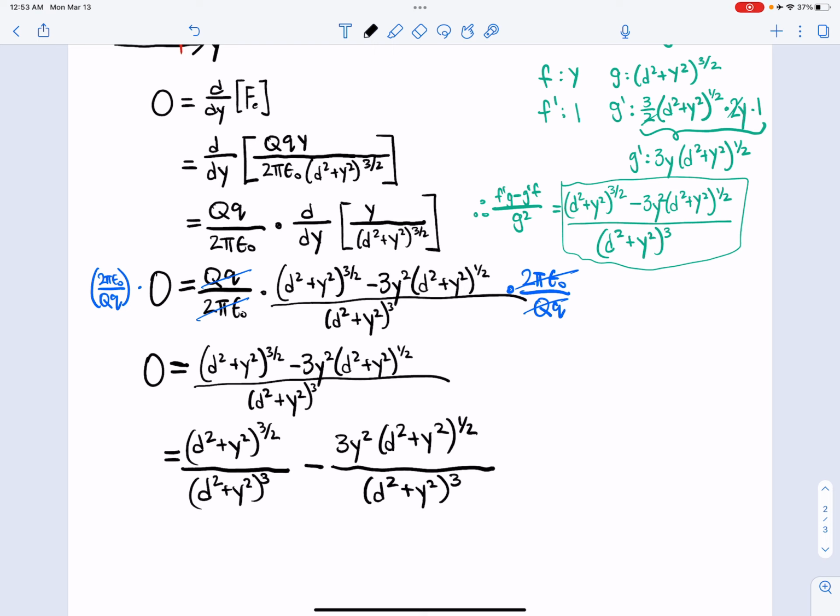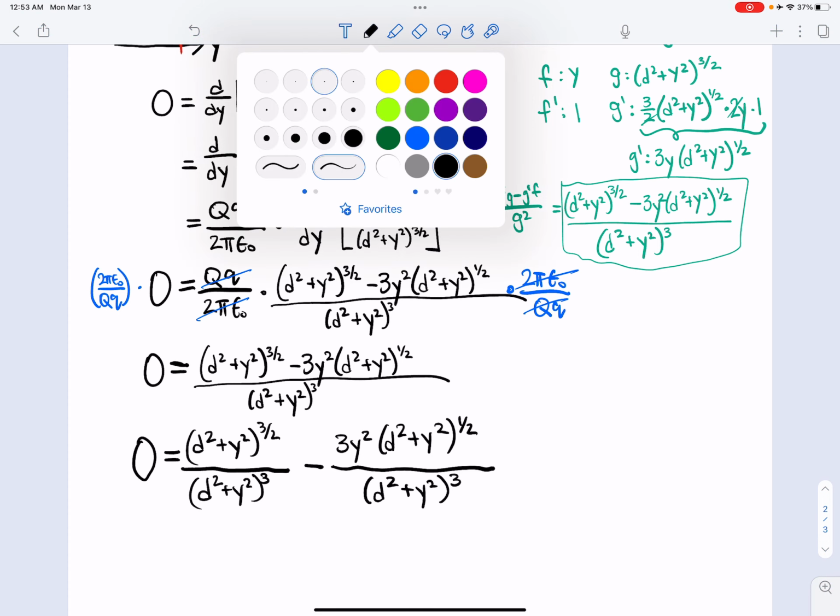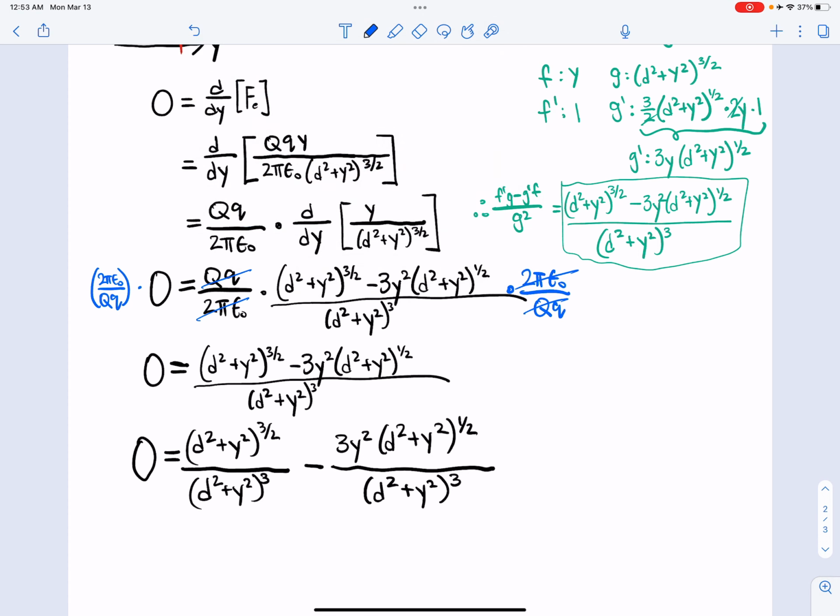Okay, so now, remember, this is still 0. So now I'm going to multiply again. This time I'm going to multiply this by this term. I will multiply by 1, which I could do, right?